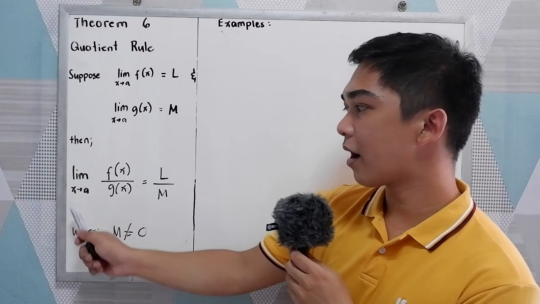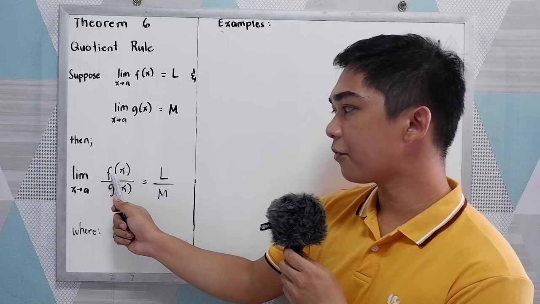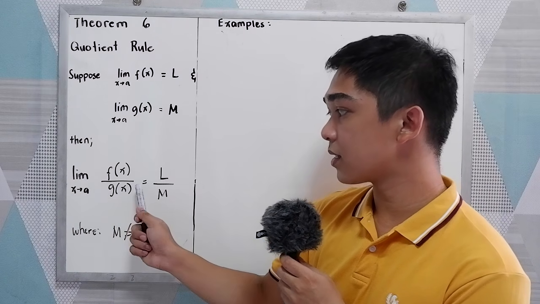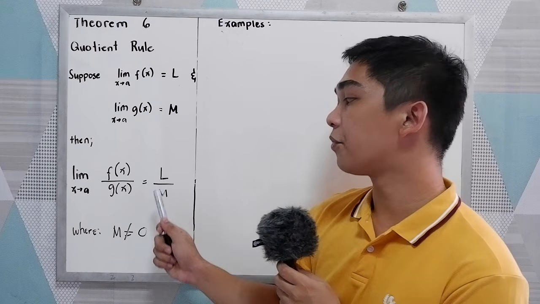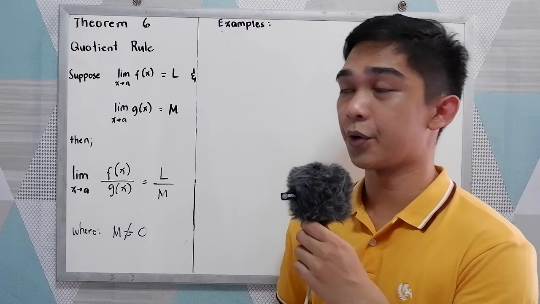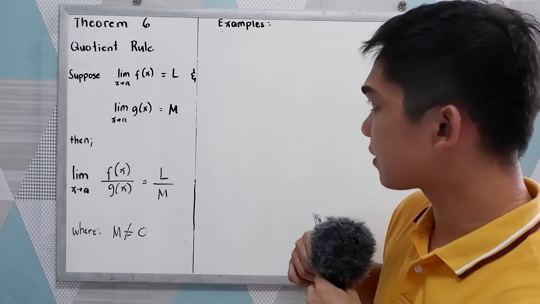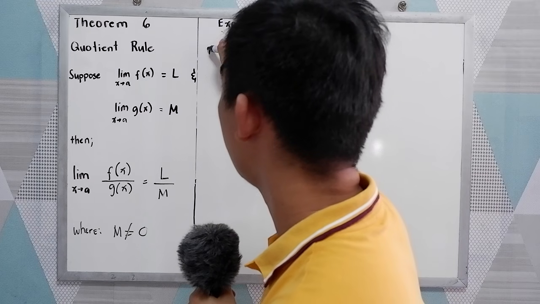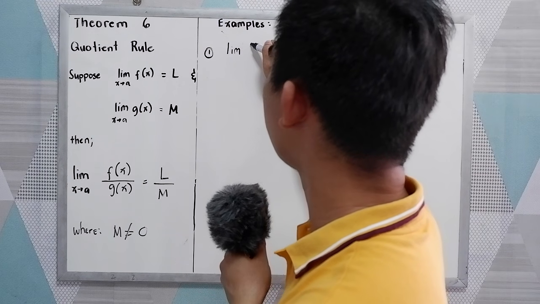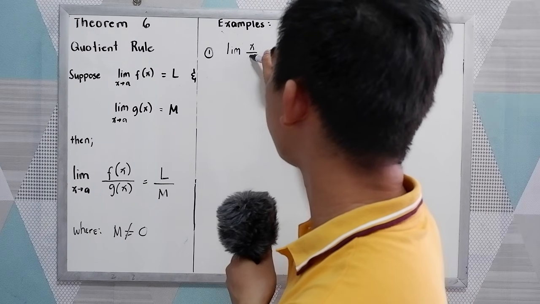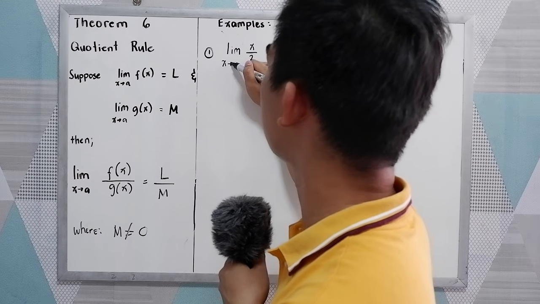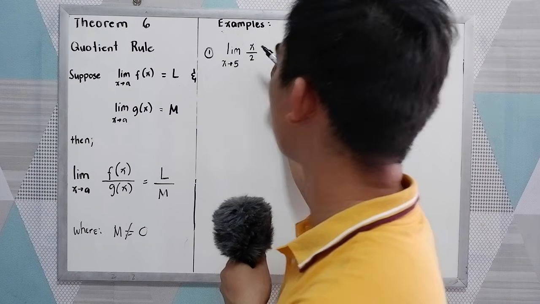Then we have the limit of f of x over g of x as x approaches a is equal to L over m, wherein m must not be equal to 0. Now to illustrate, let's have this problem. Let's say we have the limit of x over 2 as x approaches 5. Okay.